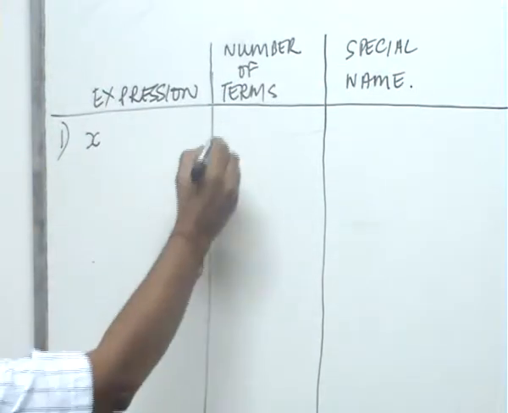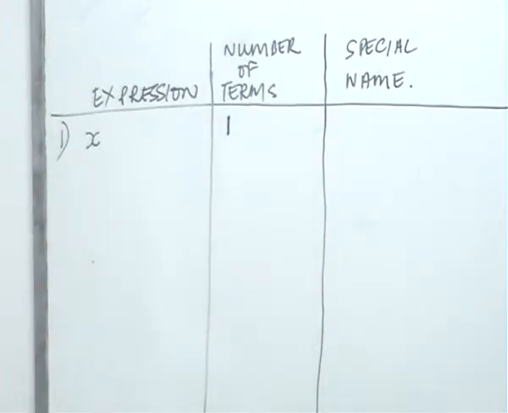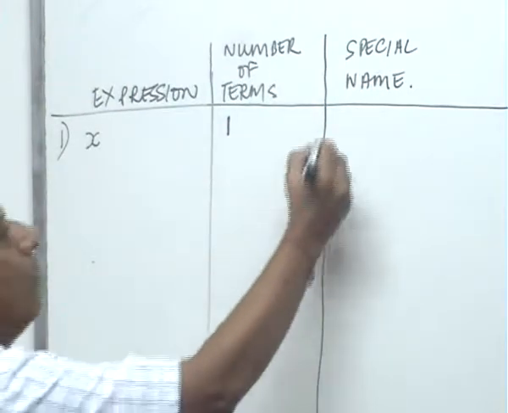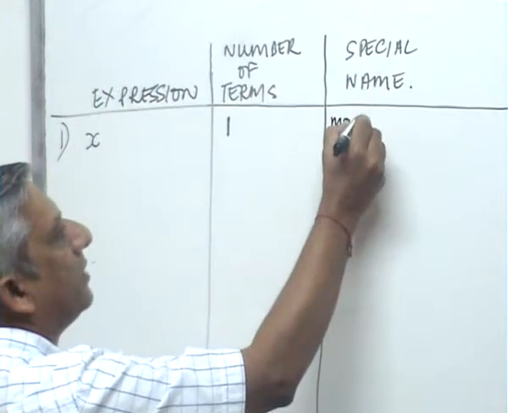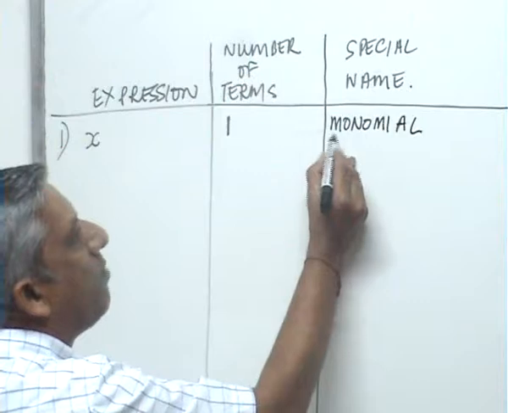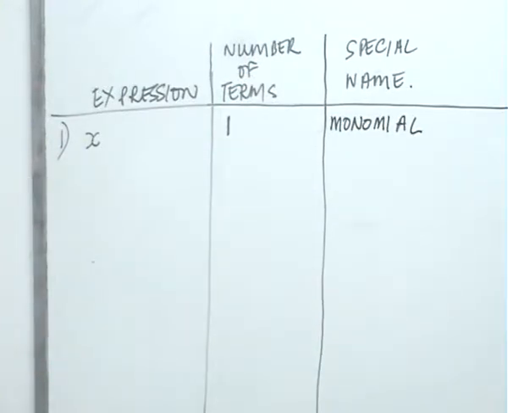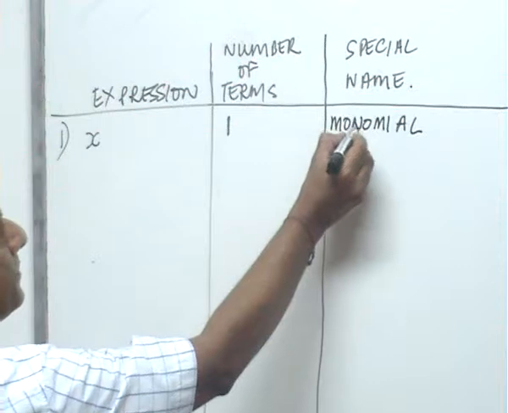So the number of terms here is 1. And a special name given to an expression like this is monomial. See, the word mono means 1. So monomial means that this expression has only 1 term.